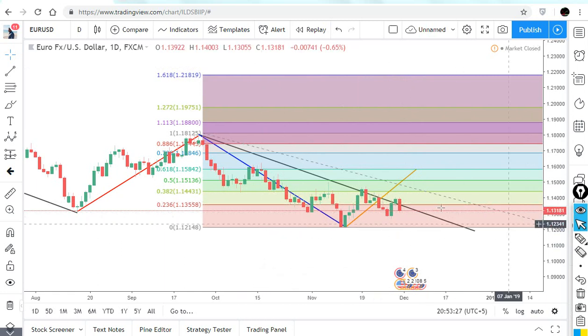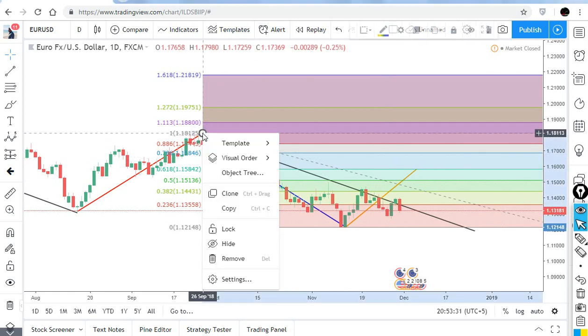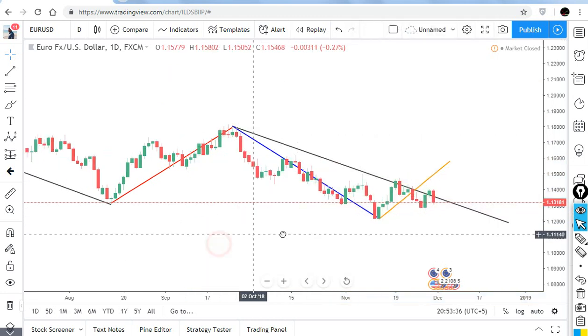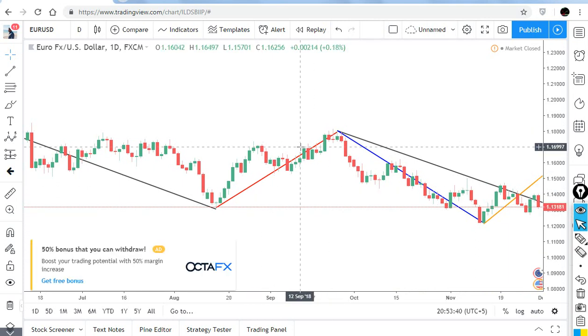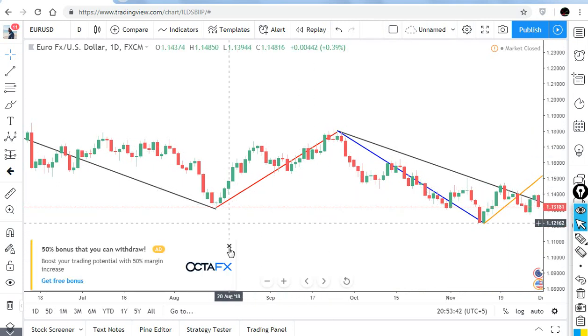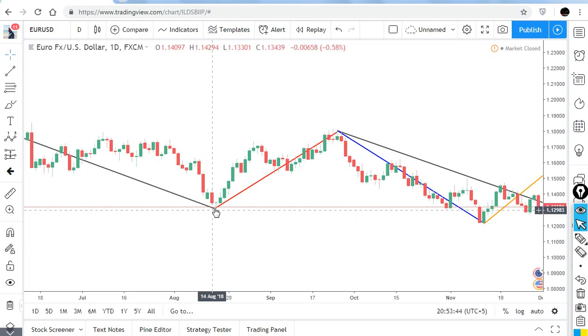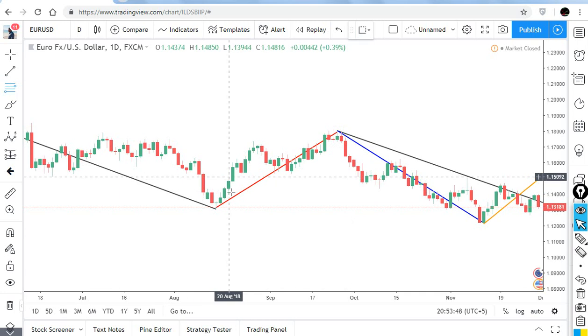Now please allow me to finish this setup first. So I will remove the Fibonacci, right? Okay, now we are here, right? We are here and we see, let me take Fibonacci. From an uptrend market we trace Fibonacci from down to up, right?